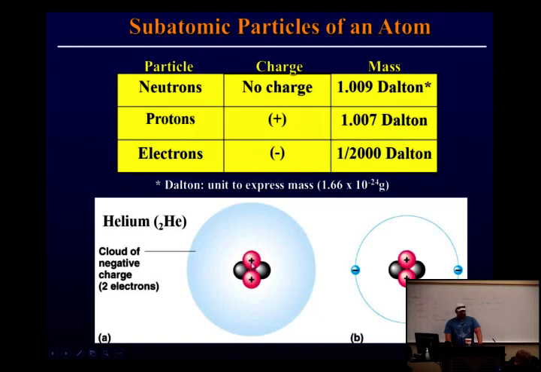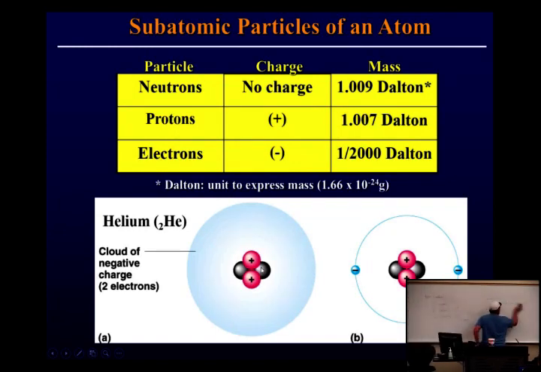For those that don't know much about chemistry, the protons and neutrons exist in what we call the nucleus of an atom. You can kind of think of it like the Earth, right?